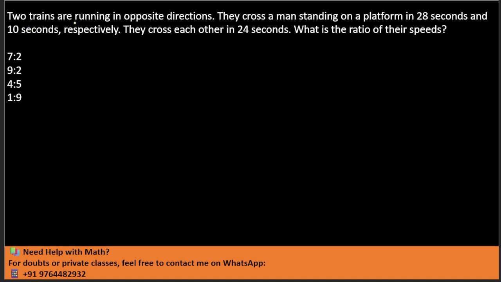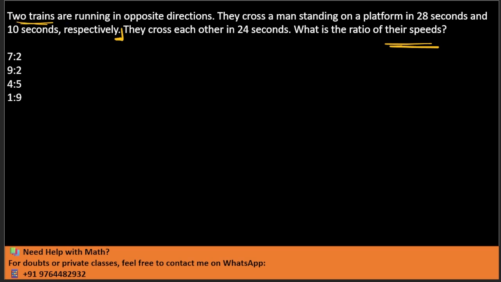The question is, two trains are running in opposite directions. They cross a man standing on a platform in 28 seconds and 10 seconds respectively, and further it is given that they cross each other in 24 seconds. So what is the ratio of the speeds? How to solve it? We have two scenarios given.